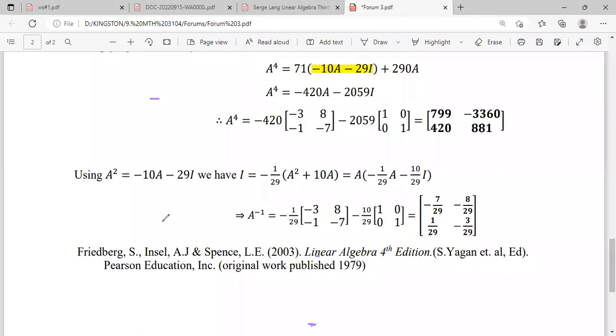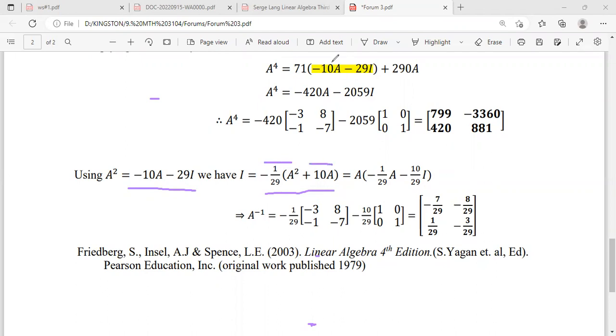A squared is equal to negative 10A minus 29I, and I make I the subject. That will lead me to I is equal to negative 1 over 29 into A squared plus 10A. And I factor out A, and A into negative 1 over 29 A will cover for the first part here, and A into negative 10 over 29 I will cover for the part at the back here.